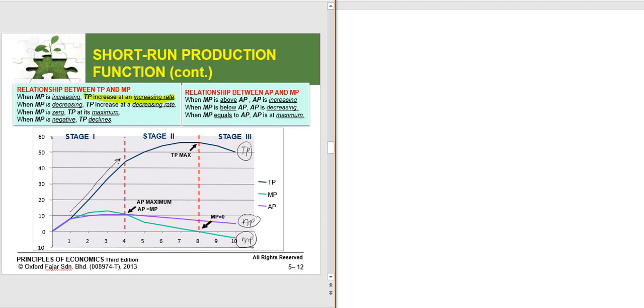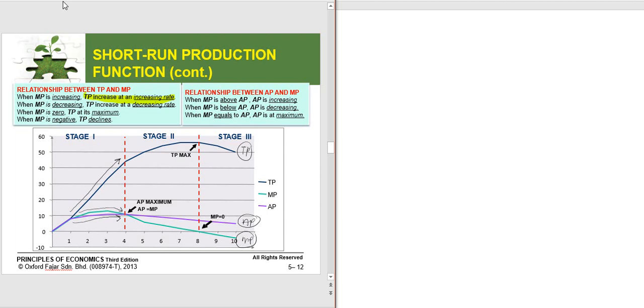It increases at a fast pace. So at this point, your marginal product will increase, the green one here, because the additional production that you get when you add more labor will increase. That's why marginal product is increasing. And then your average product will also increase, the purple one here.